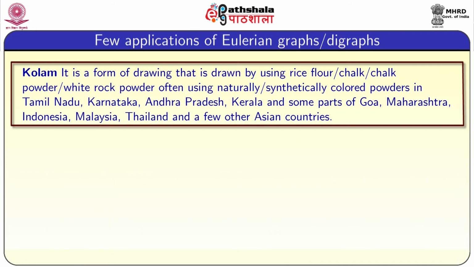Now, we will see a few applications of Eulerian graphs or digraphs. The first application is the kolam. Kolam is a form of drawing that is drawn using rice flour or chalk powder or white rock powder, often using naturally or synthetically colored powders, in Tamil Nadu, Karnataka, Andhra Pradesh, Kerala and some parts of Goa, Maharashtra and Indonesia, Malaysia, Thailand and a few other Asian countries.